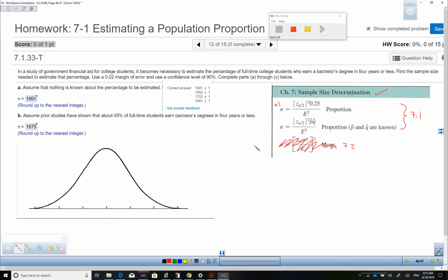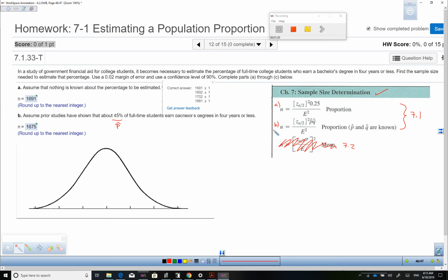And part B, we use this formula when we know something about p hat. Okay, that's p hat. And so that's the difference between this formula here and this formula here.